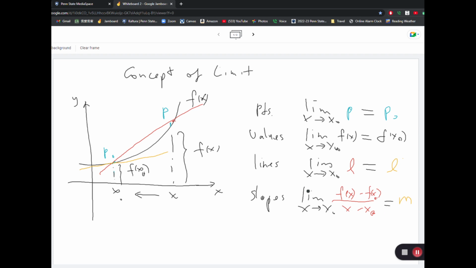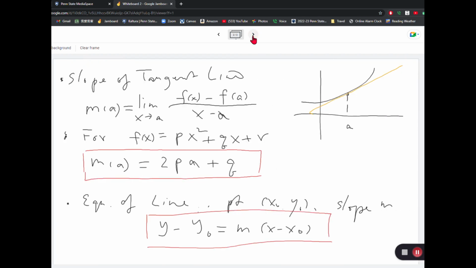All right, we'll talk about it in later sections when the derivative is introduced. But anyway, this is basically what limits are about. All right. Now, based on the last result, like I said, it's very important.